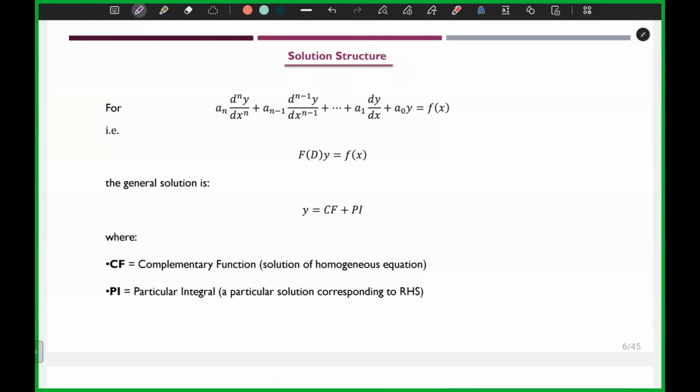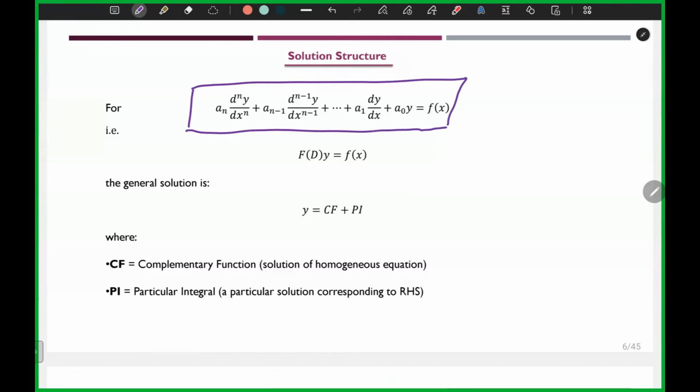Okay. So now we come to the solution part of the linear differential equation with constant coefficient. We all know this is an nth order linear differential equation with constant coefficient, and capital F(D) is nothing but the operator.